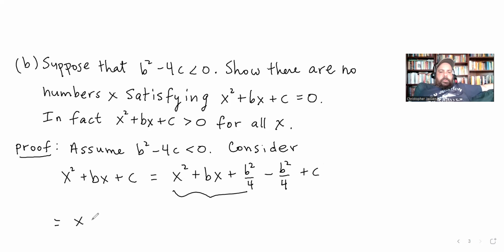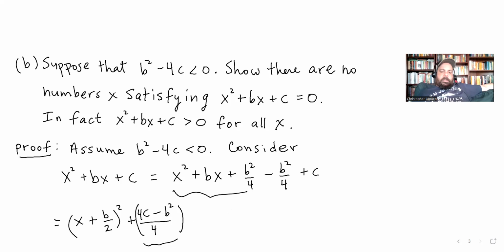So that's equal to x plus b over 2, squared, plus 4c minus b squared over 4.